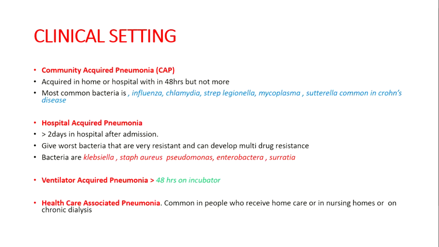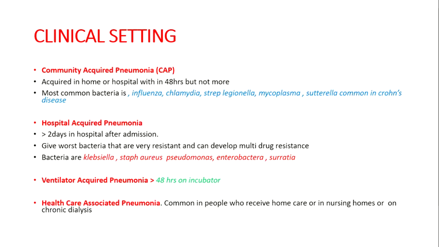So those are the causative agents. Remember, in community acquired, we didn't have Pseudomonas, we didn't have Staph aureus, we didn't have Klebsiella, and we didn't have Serratia. So you should be able to differentiate the most common causative agents of community acquired pneumonia and of hospital acquired pneumonia.